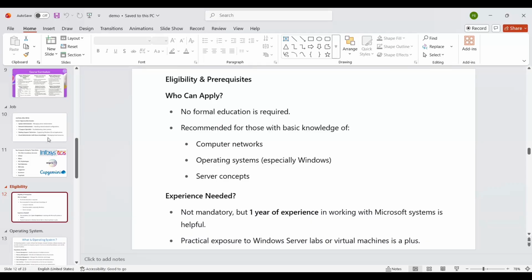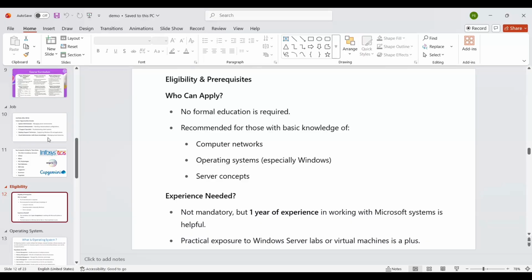Because I am going to cover all the things from scratch, you can freely complete all the things. No prerequisites. And does it require any type of experience? When you look at the certification, before taking it, it is good to have 1 or 2 years of experience.